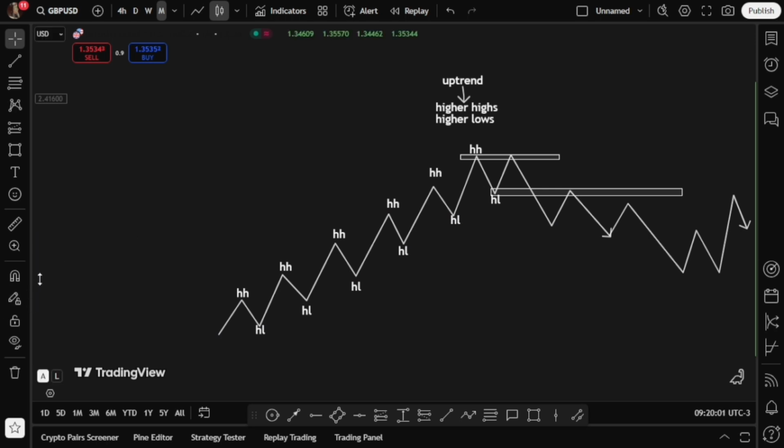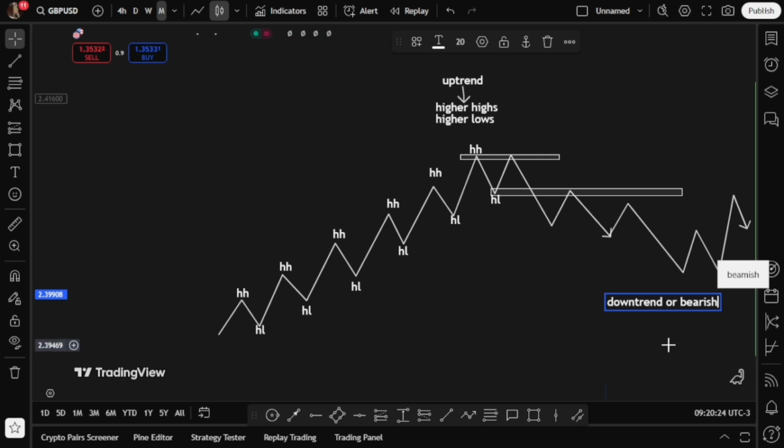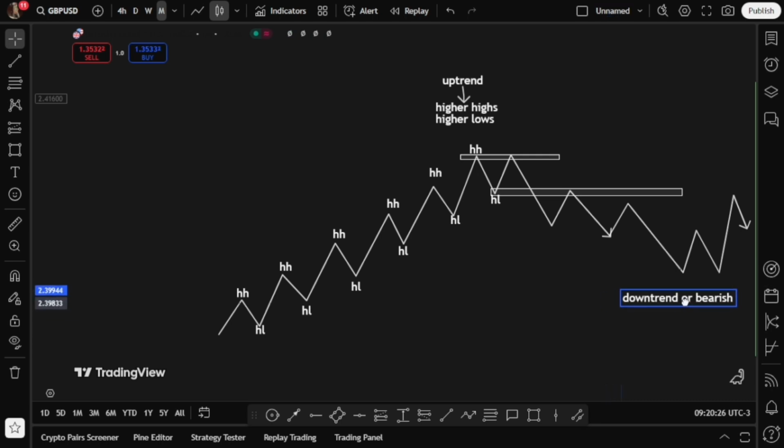Right. So now we have the second trend that we're going to, which is a downtrend, or a bearish market. A downtrend or a bearish market.